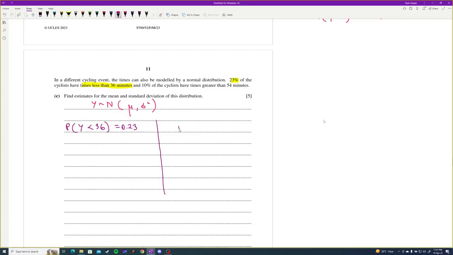And what about the other one? P(Y is greater than 54) is actually equal to 0.10. So let's standardize this.